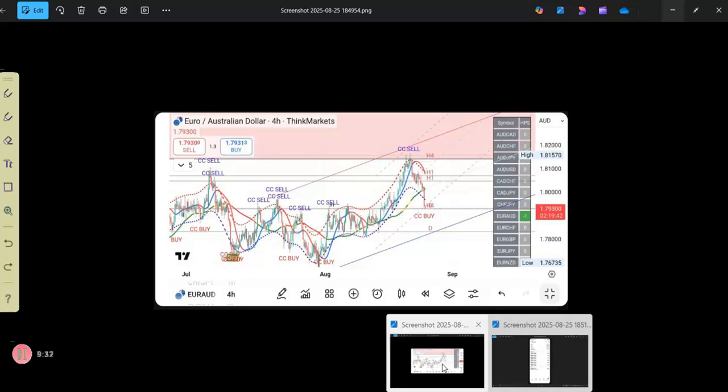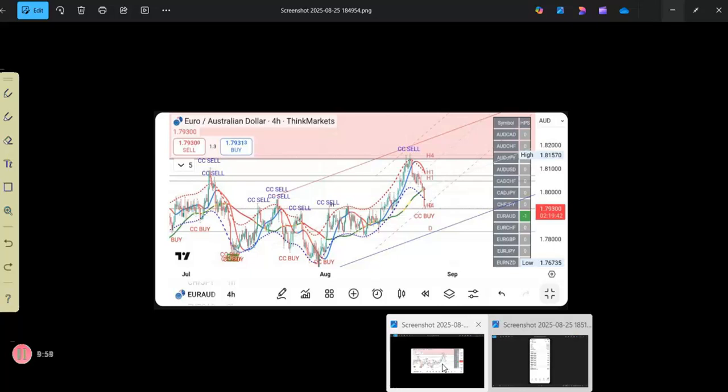On the far right, I had a green Euro AUD, which means buy, so I know what pair to trade. Then on the chart, if you look closely, there's H4, H1, H4, D. Those are support and resistance levels. There was a CC buy at the H4 support.